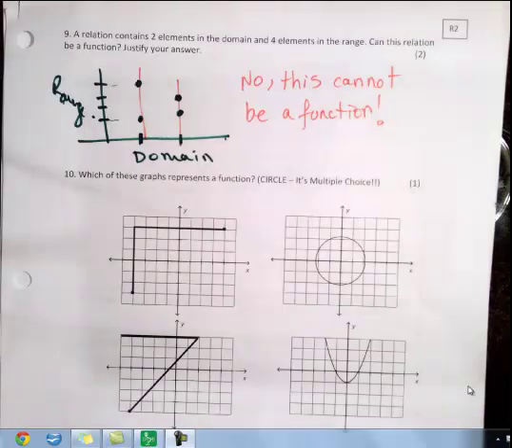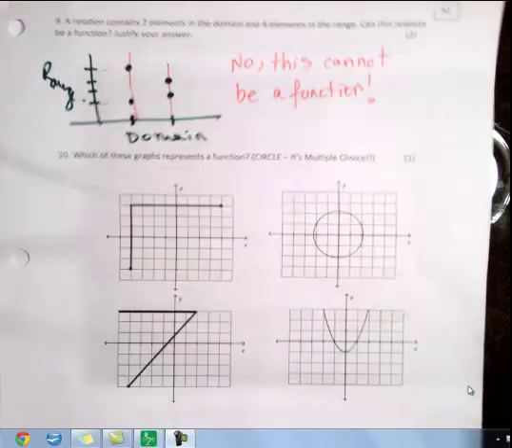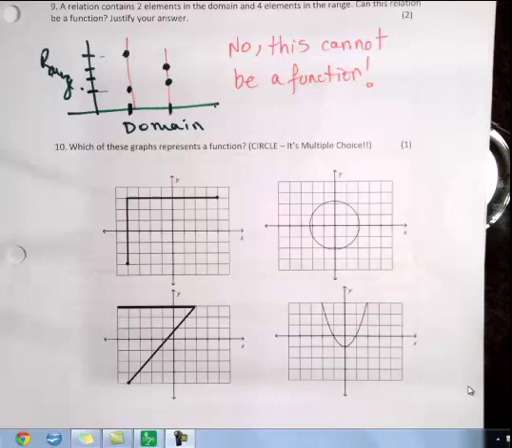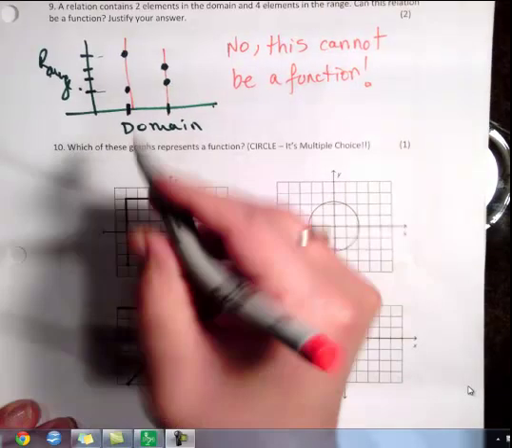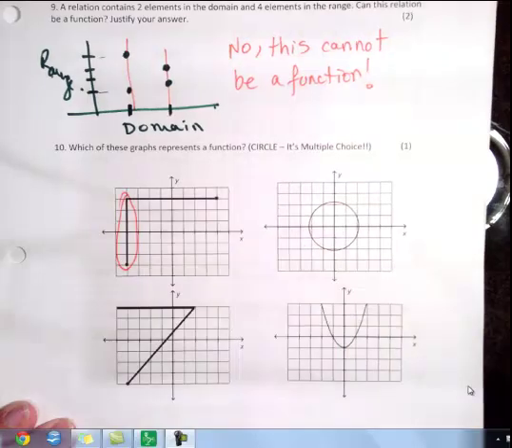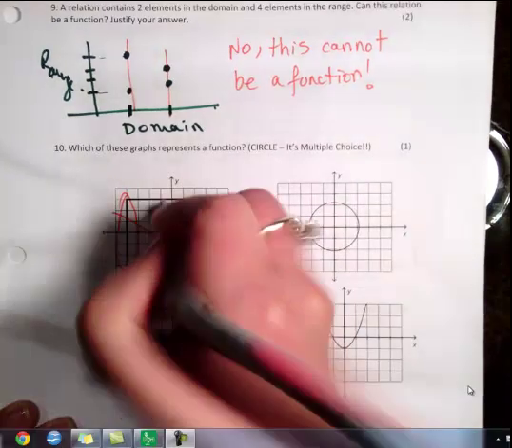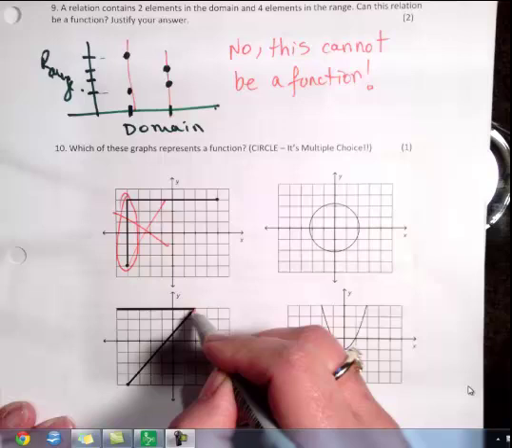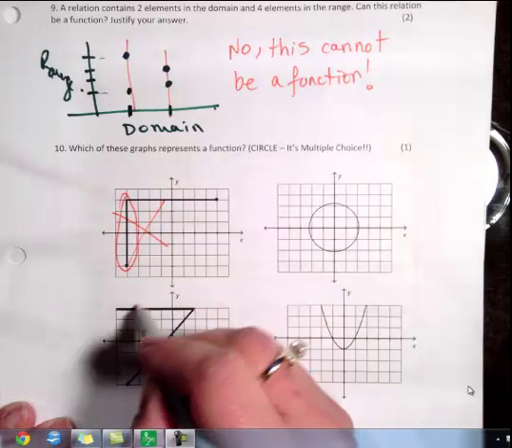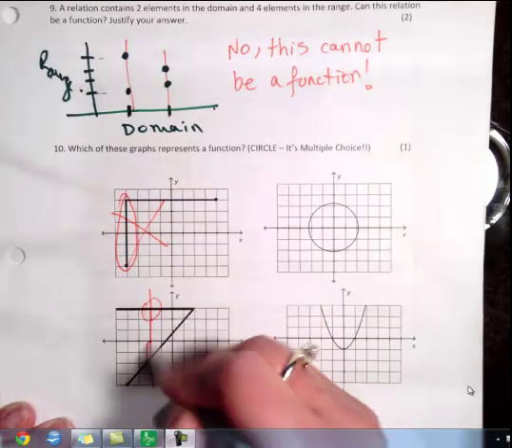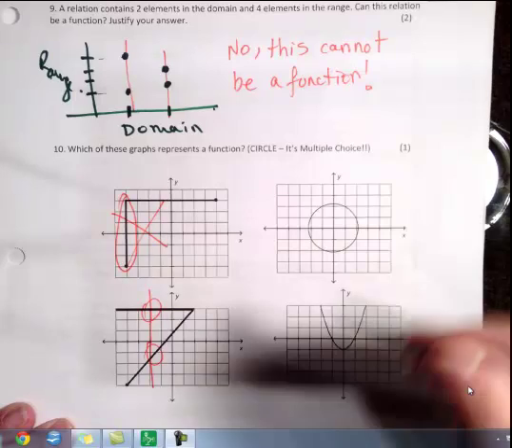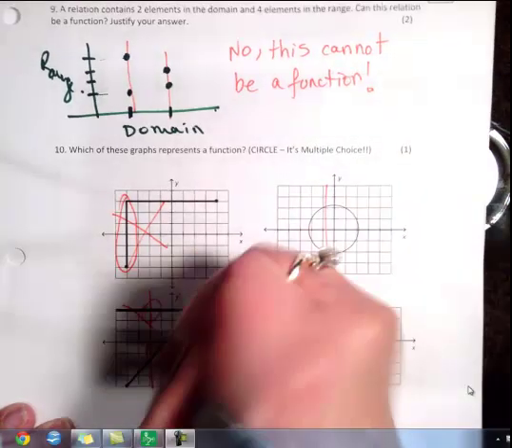All right. Number 10 says, which of these graphs represents a function? Well, this is pretty much the vertical line test again, folks. If we look right here, this is the part that makes the vertical line test fail. So that's not one. Anywhere for this one, because if we draw a vertical line, it's going to hit twice, pretty much anywhere. And so that's not a function.